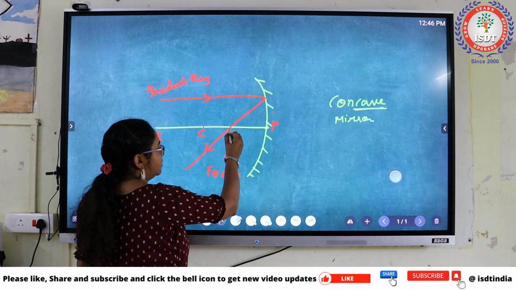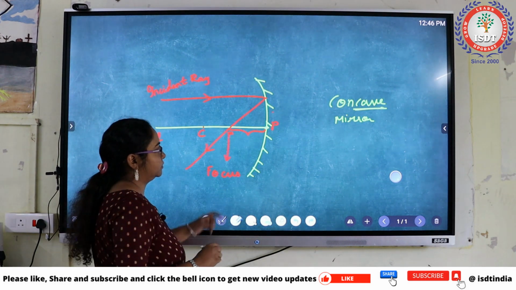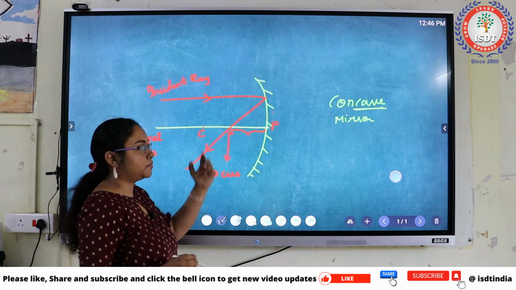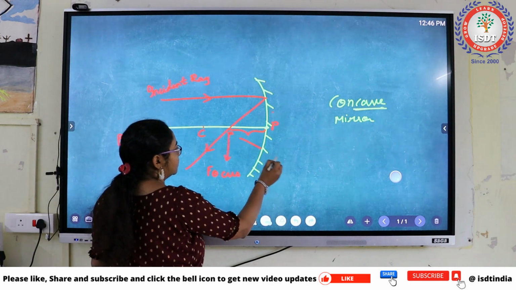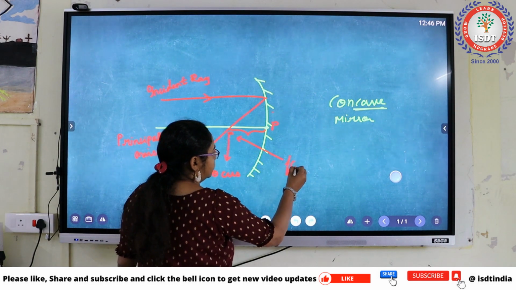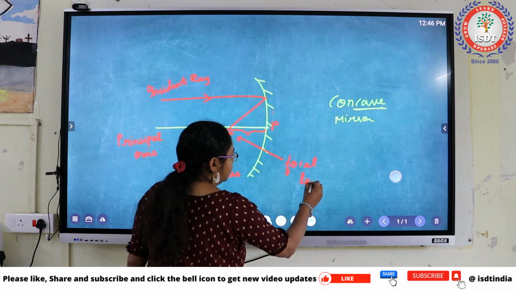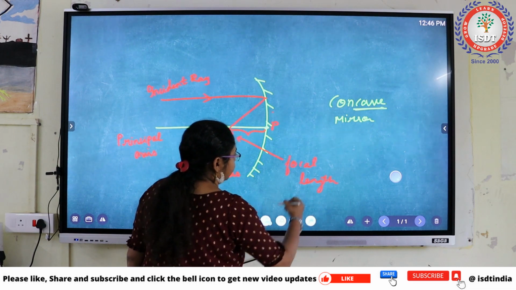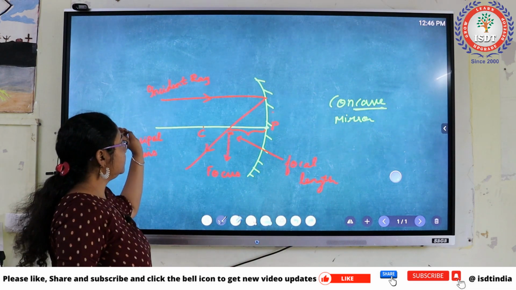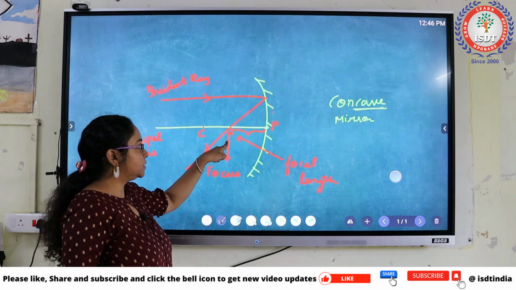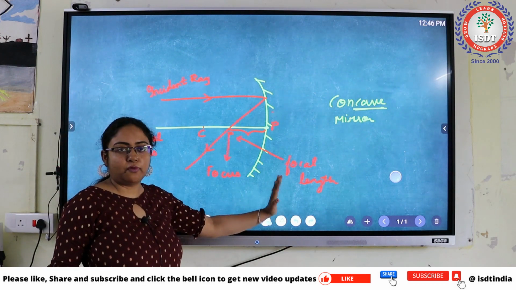The distance between the focus and the pole is known as focal length. So the distance between the principal focus and the pole is known as focal length.